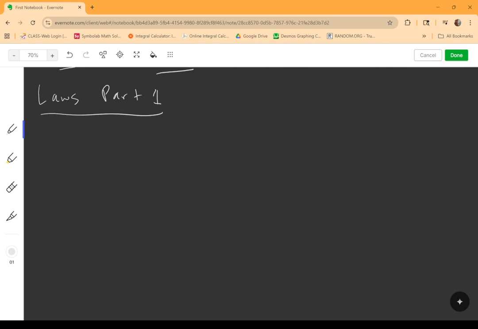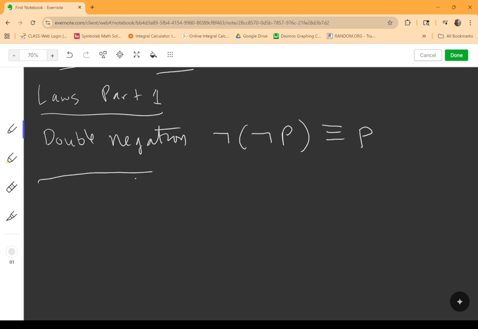Part 1, the double negation. If we negate not p, that is equivalent to p. So p can be either true or false. If p is true, not p is false.